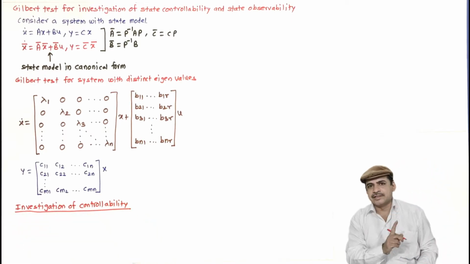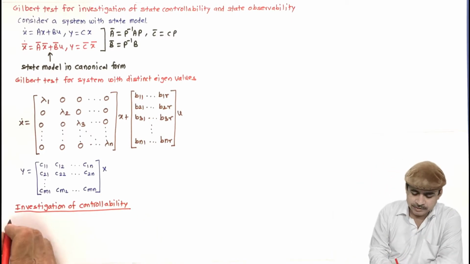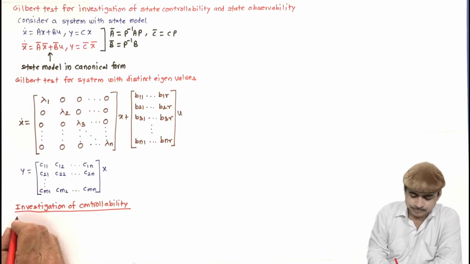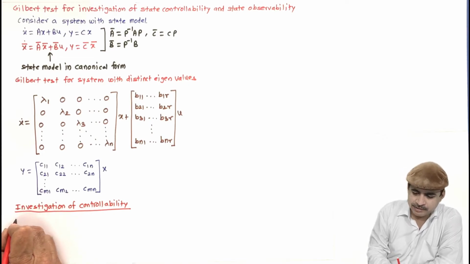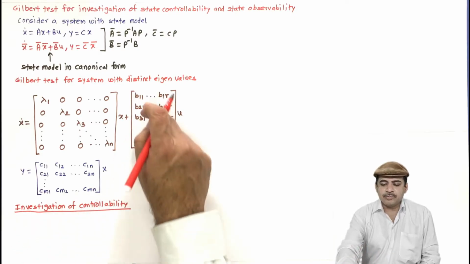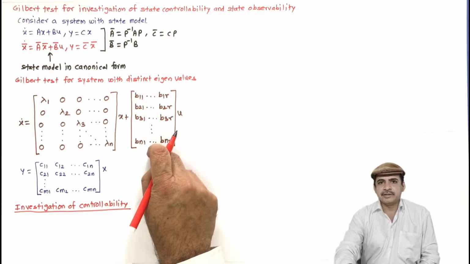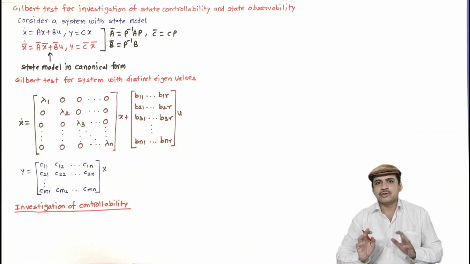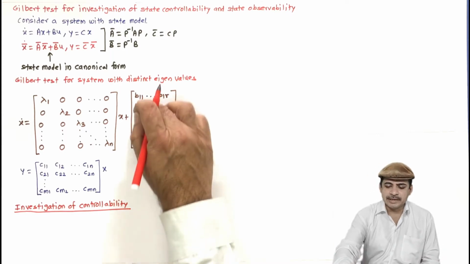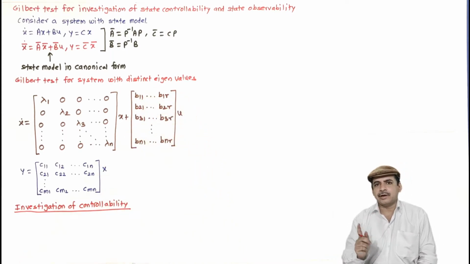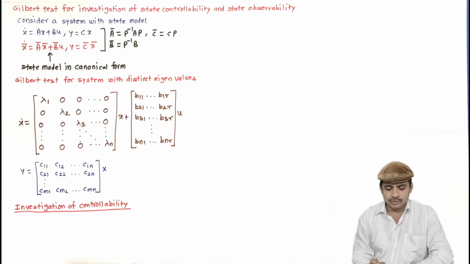There is only one condition for the system to be completely state controllable. Here the condition is that none of the rows in matrix B has all zero elements. So every row should have at least one non-zero element, then the system is completely state controllable.